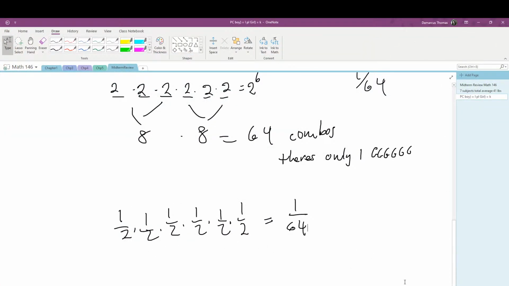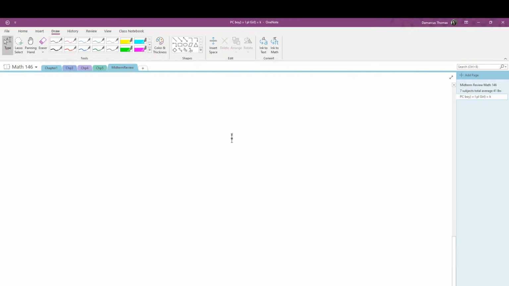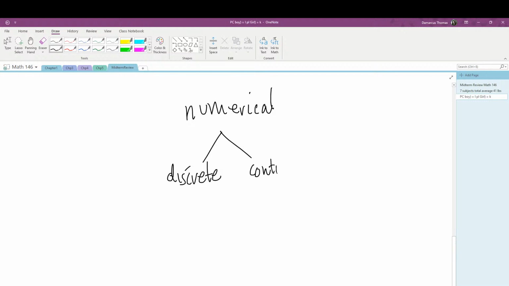There was a question that I just saw about how did we know for sure that it was numerical? So numerical falls under 2 different categories. There's the discrete, and then there's continuous.